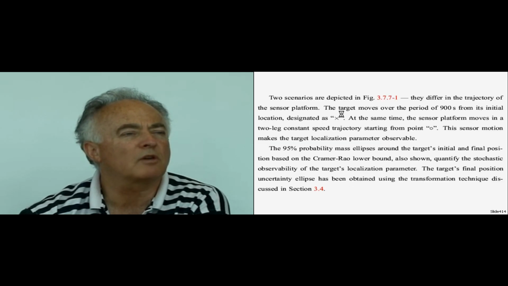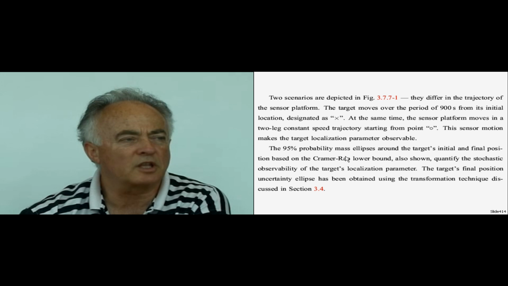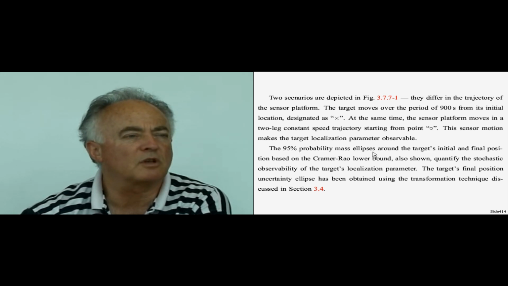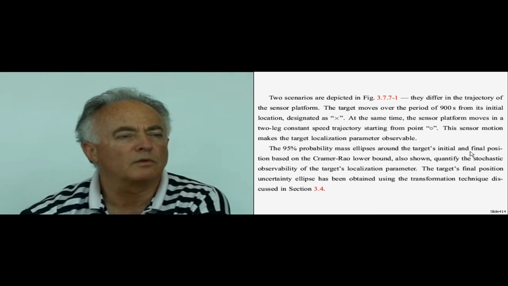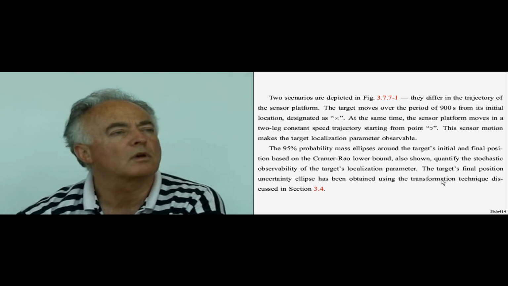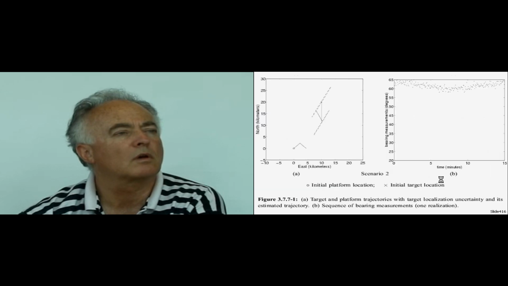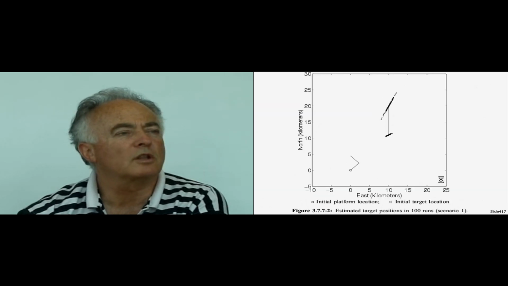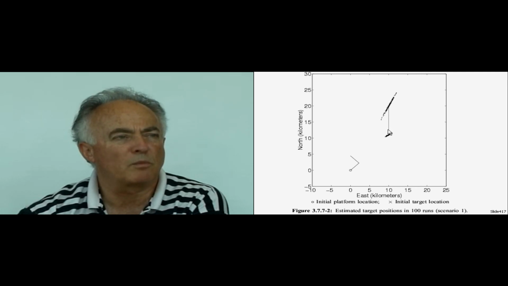So what we have is those 95% ellipses, both at initial and final position, and here is an enlarged version of the first one. We have this ellipse. This is the initial position. This is the final position.